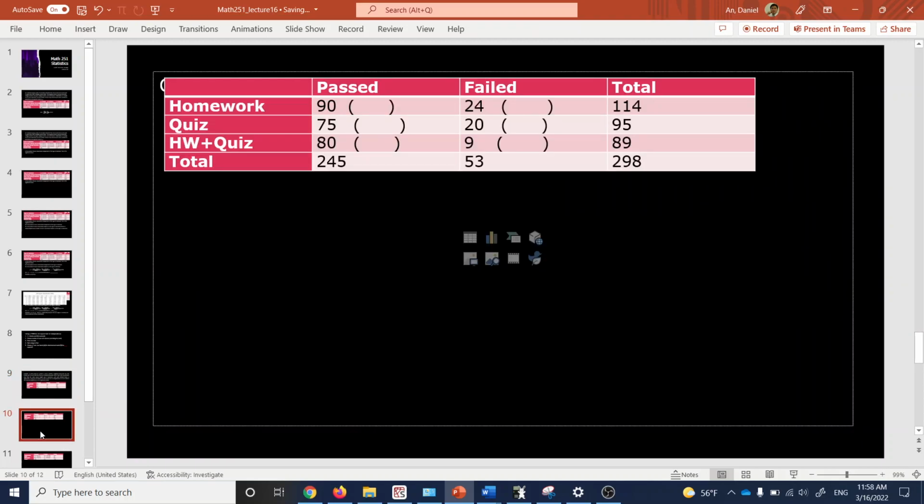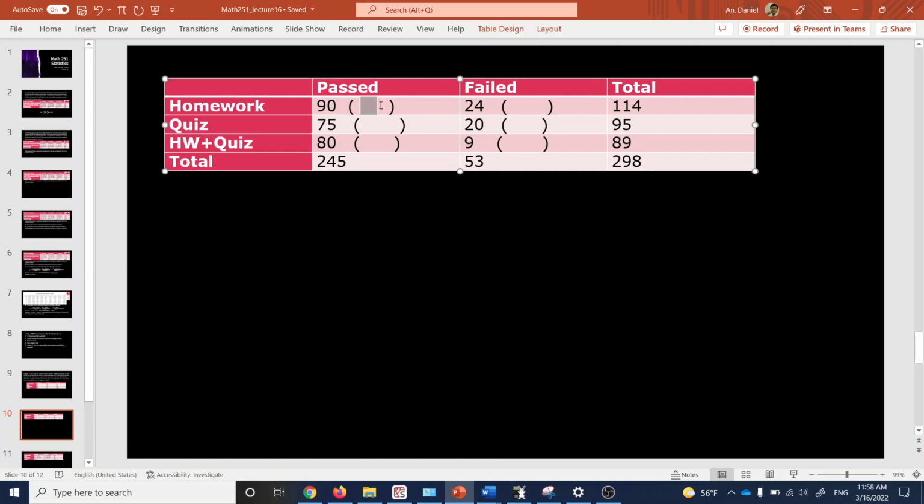Okay. Now first, we'll assume that we do this using just calculation one by one, and also the table. Let's see. How do you fill in this empty spot?